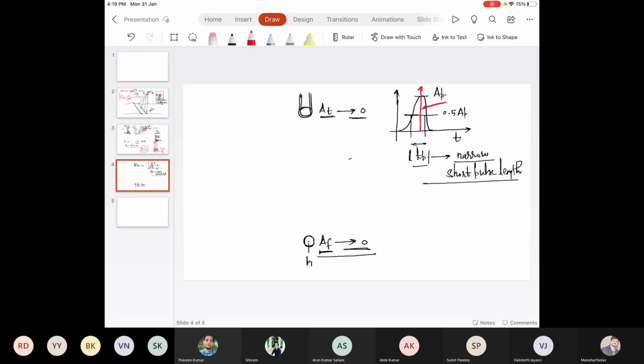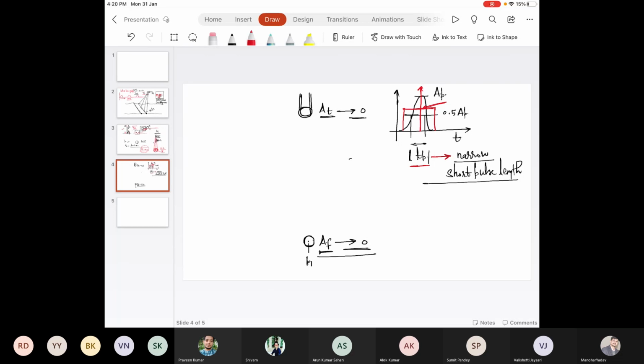And we can't even generate an exact square-shaped pulse. How do we generate it? We generate a Gaussian-shaped pulse. In the ideal case, it should be an impulse, but we can't obtain it. But we want to make TP very narrow. I will explain why it is so. And this TP is the pulse length.